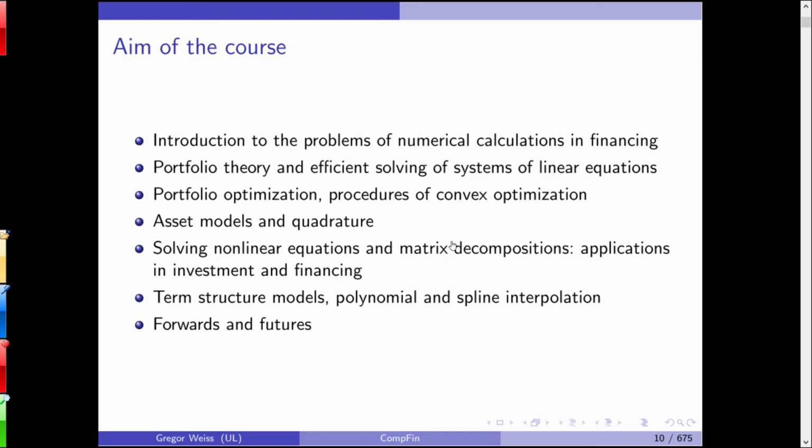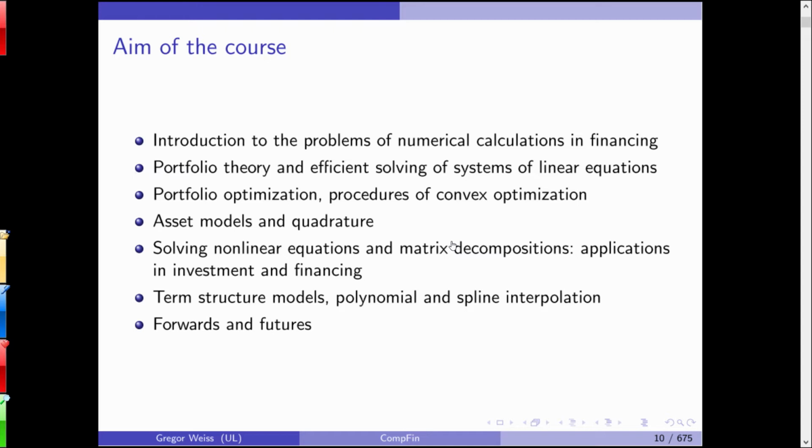And usually numerical analysis is concerned with the computation of certain mathematical objects. Every time you cannot compute something analytically, you need to resort to numerical analysis to come up with a good approximate value, with an approximation. And this is what numerical analysis is all about.